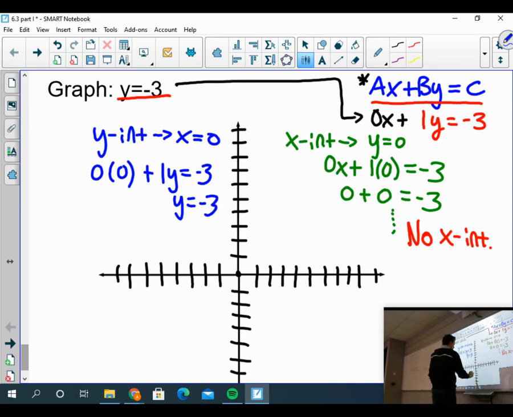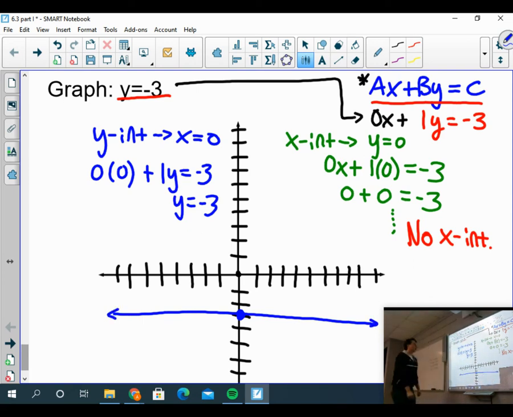So our y-intercept is occurring at negative 3, and we don't have an x-intercept. And so the graph of our linear equation is going to be a horizontal line at the y value, negative 3, and it will run parallel to the x-axis.